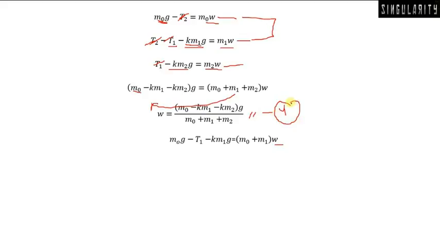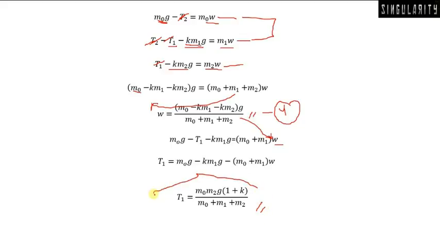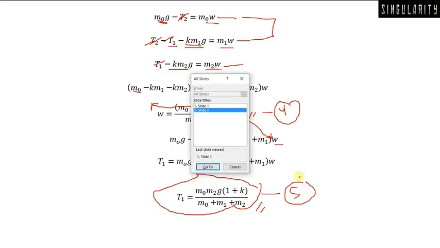If we put the value of W in this equation and do some simple mathematical manipulations, we get the following result. This is the desired value of T1. So we were supposed to find the value of W, which we found in equation 4, and the value of T1, which we have in equation number 5. Thank you.